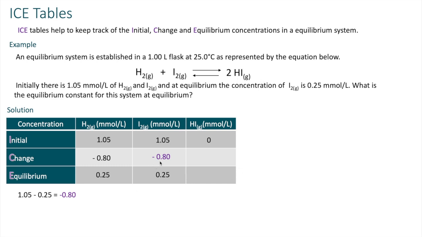So we know that we had 0.80 change for iodine gas. And we know that for every 1 mole of iodine, we have 2 moles of hydrogen iodide produced, that 2 coming from the coefficient in this term. So therefore, this must have a change of positive 1.60. So if we figure out what this difference is, we see that we now have an equilibrium concentration of 1.60.